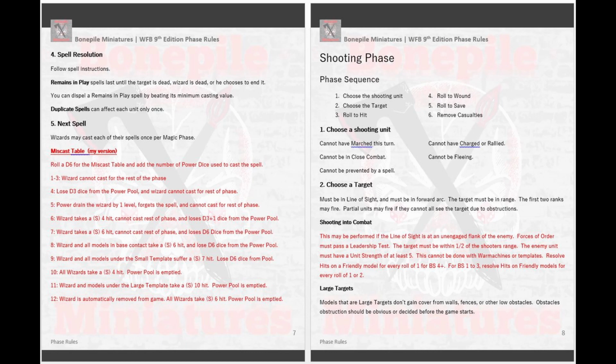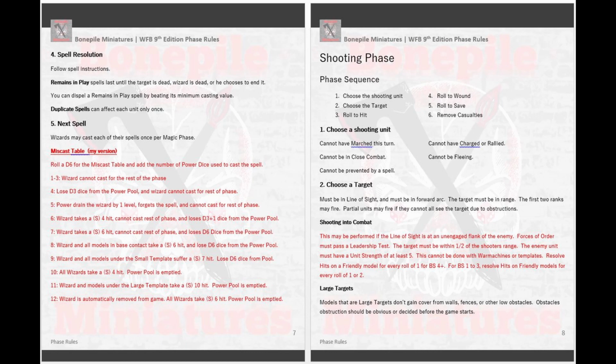Resolve hits on friendly models for every roll of 1 for ballistic skills 4+, and for ballistic skills 1 through 3, resolve hits on friendly models for every roll of 1 or 2."